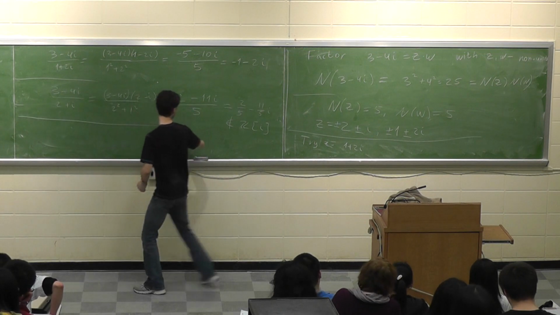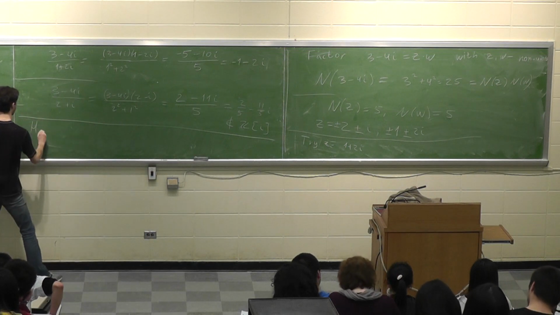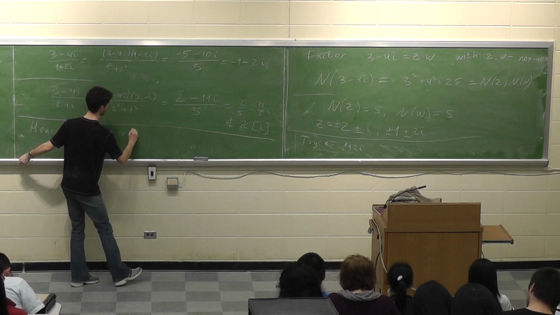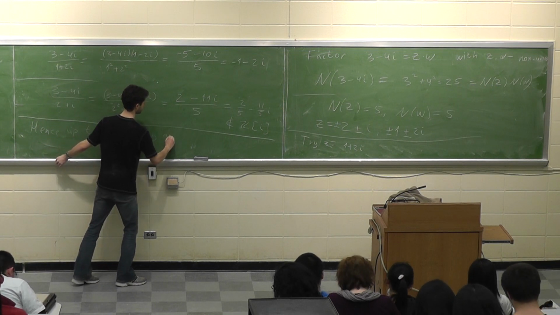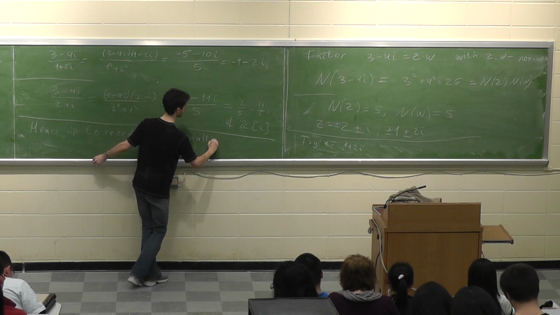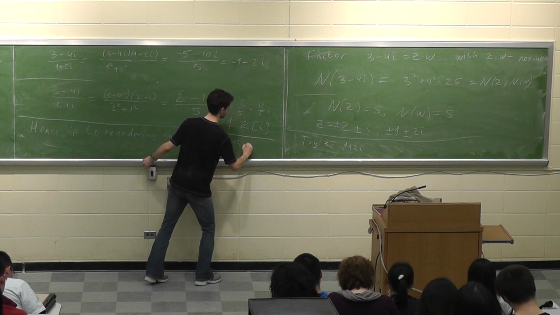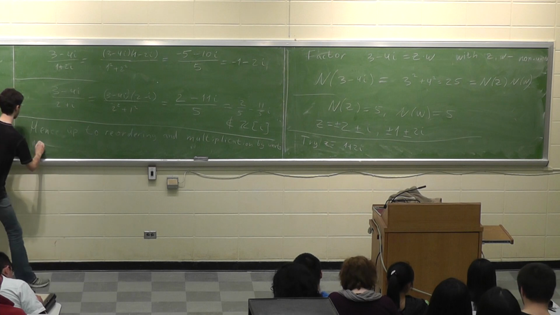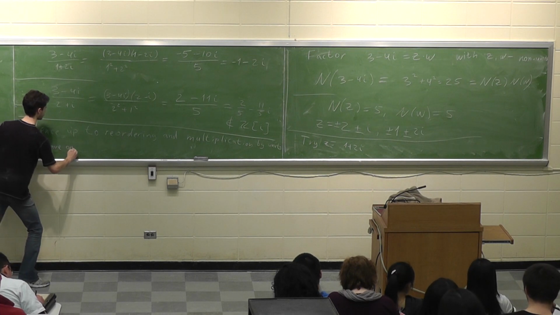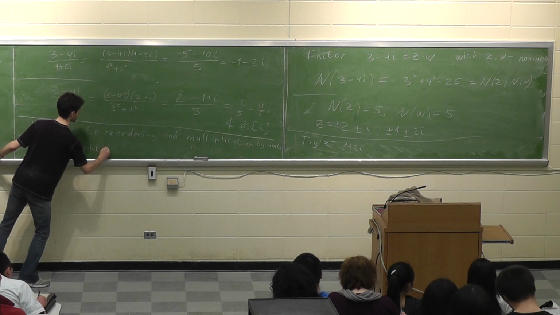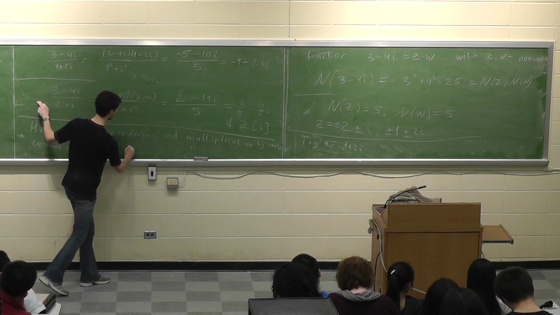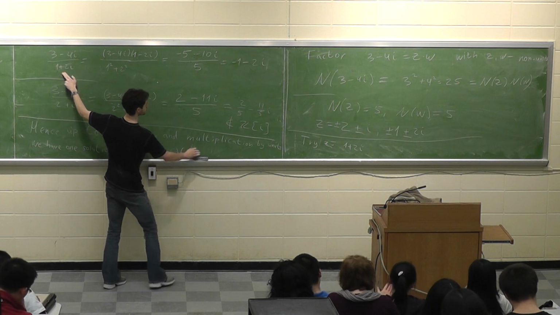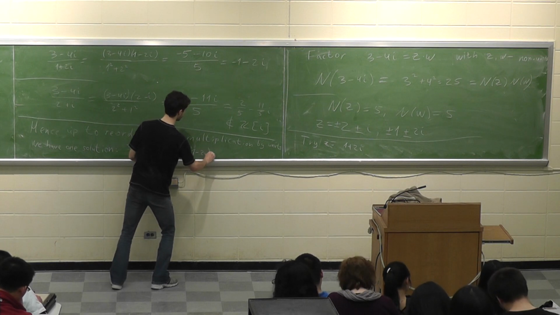So let me write it down. Hence, up to the ordering and the multiplication by units, we have only one solution. 3 minus 4i is 1 plus 2i times minus 1 minus 2i.